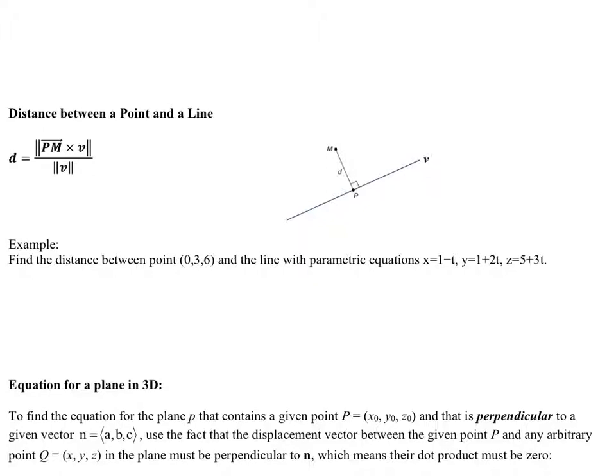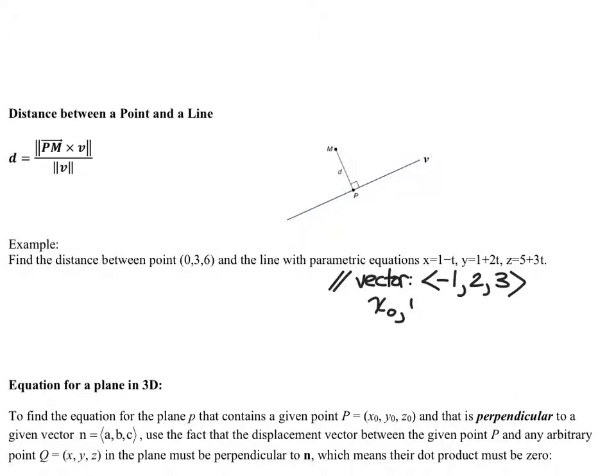When it says find the distance between the point 0, 3, 6 and the line with parametric equations 1 minus t, 1 plus 2t, and then 5 plus 3t, we're looking at negative 1, 2, 3 as my parallel vector. I was looking at the wrong thing. X sub 0, Y sub 0, Z sub 0.